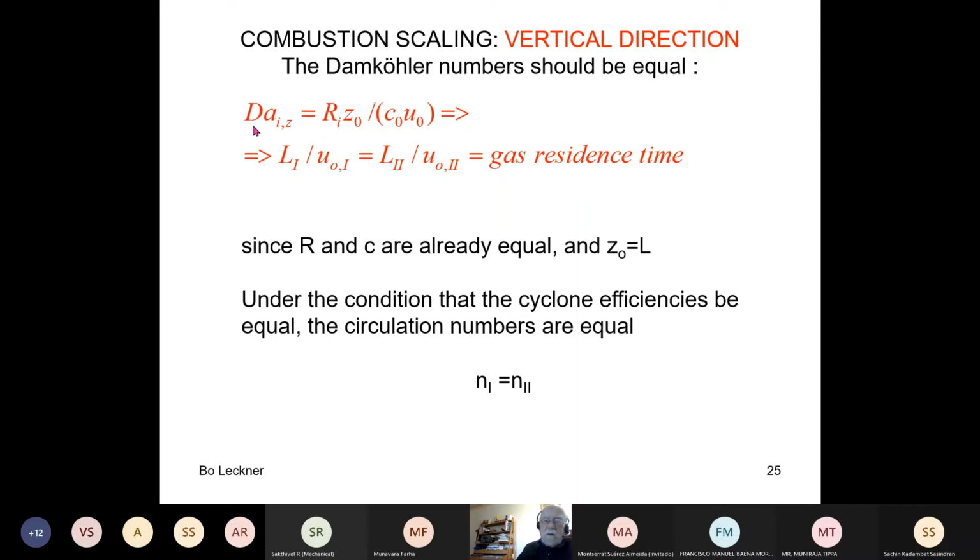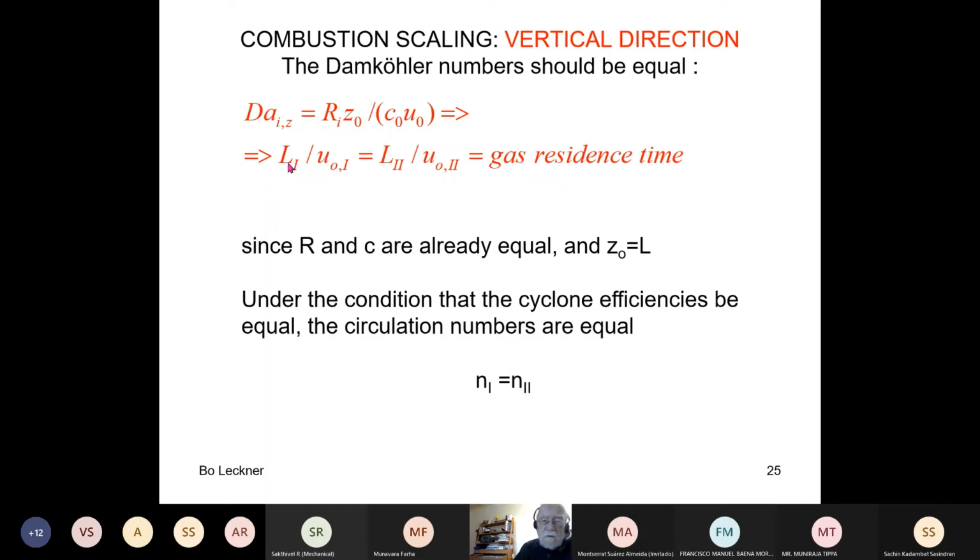So you have the vertical Damköhler number with the rate of reaction, the length of the riser, and the velocity times inlet concentration of the gas.